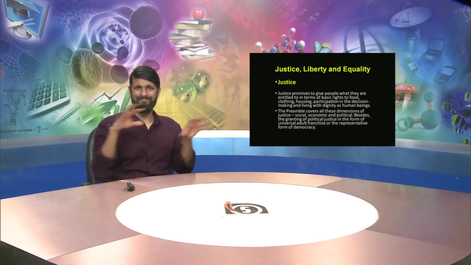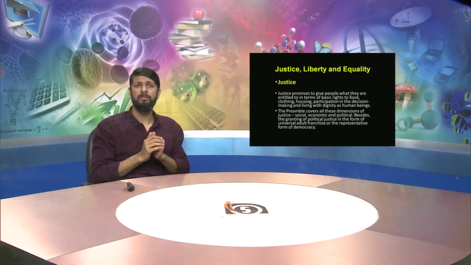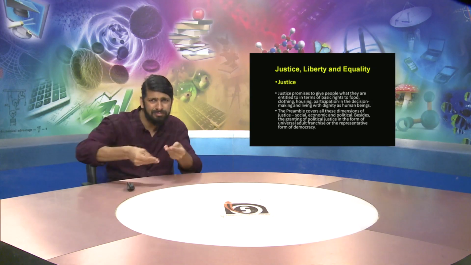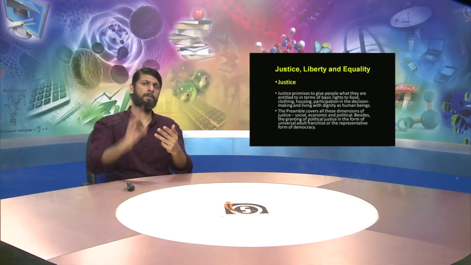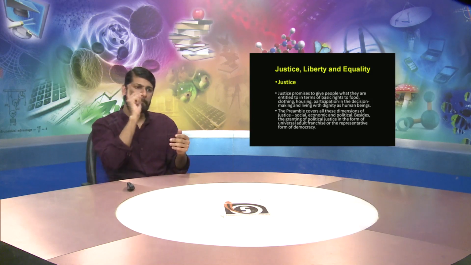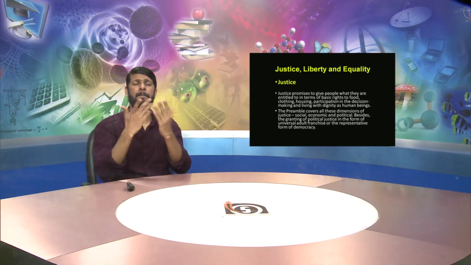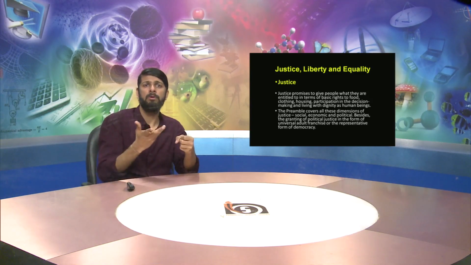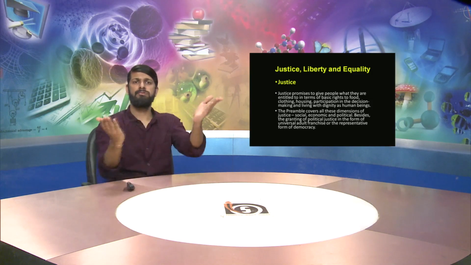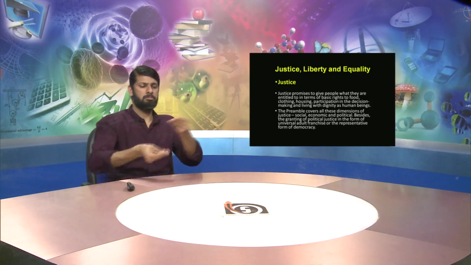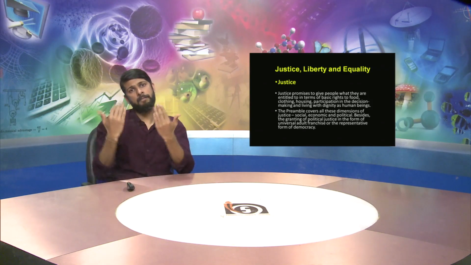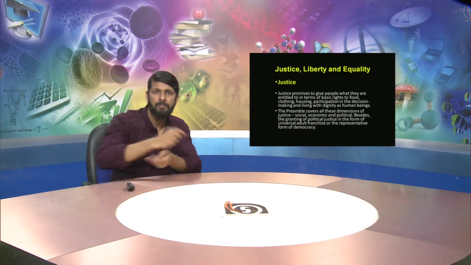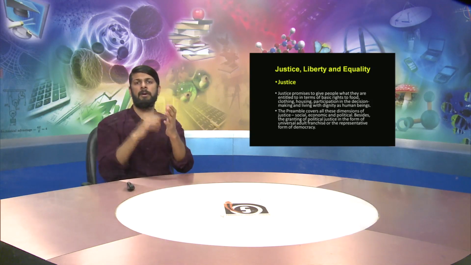The preamble covers all these dimensions of justice, social, economic, and political. Besides, the granting of political justice in the form of universal adult franchise or the representative form of democracy.